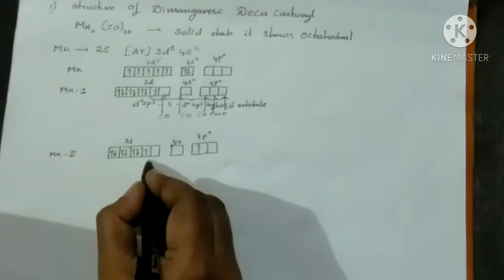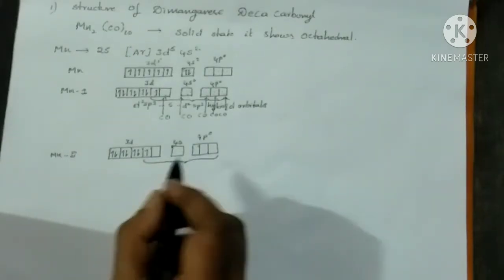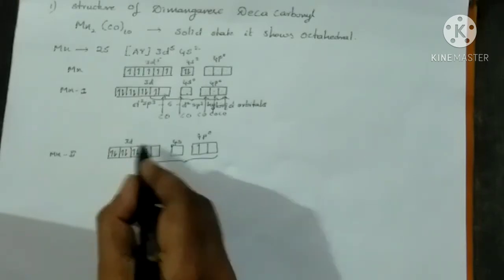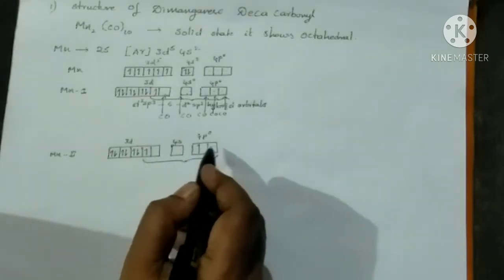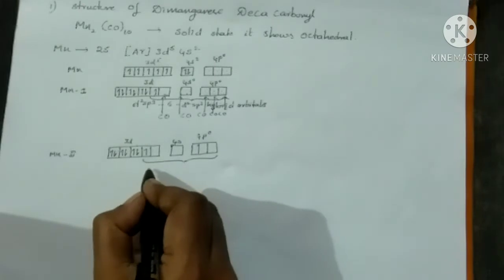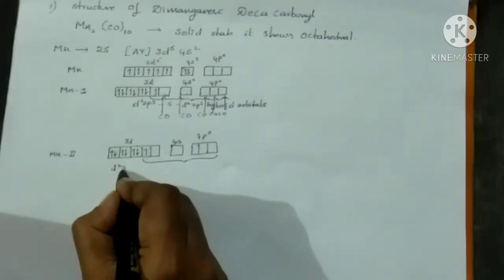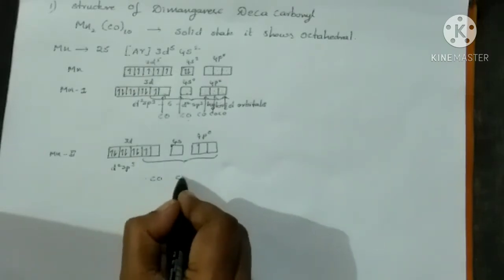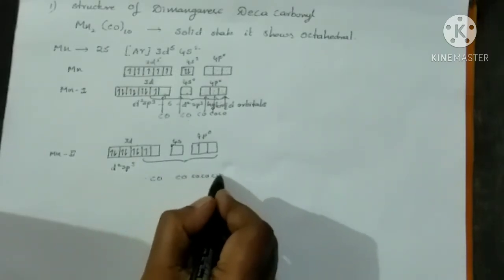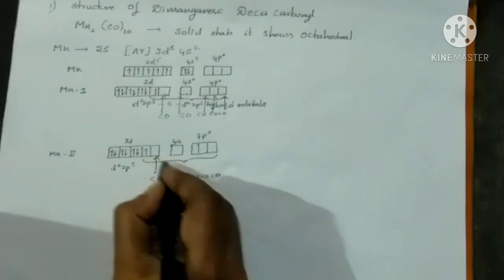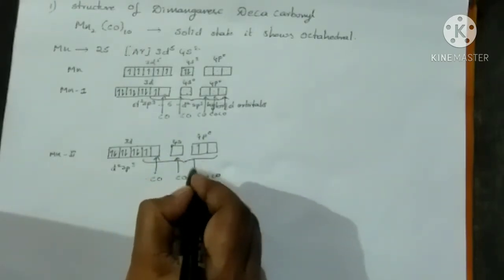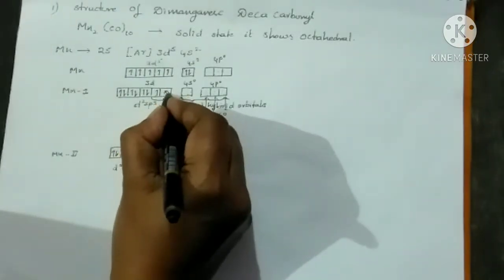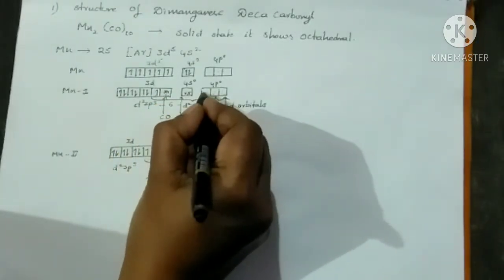Here also, these 6 orbitals, that means 2 d orbitals from 3d, one 4s and three 4p orbitals, merge together and give rise to d2sp3 hybridization. Again the 5 carbonyl groups donate electrons to these and form dative bonds. We can show the electron pairs like this.